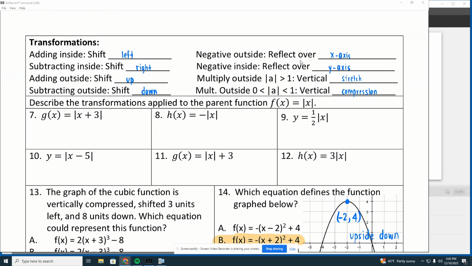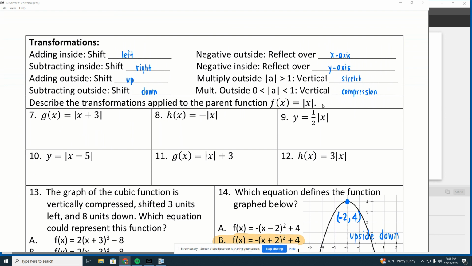And then, of course, you had reflections. That was the third type of transformations. If it's negative on the outside of whatever your parentheses are or absolute value bars, whatever it might be, then, of course, it reflects vertically. And vertically means over the x-axis. Where inside it reflects horizontally, you wouldn't see that reflection as much for most of the graphs, but it would reflect over the y-axis.